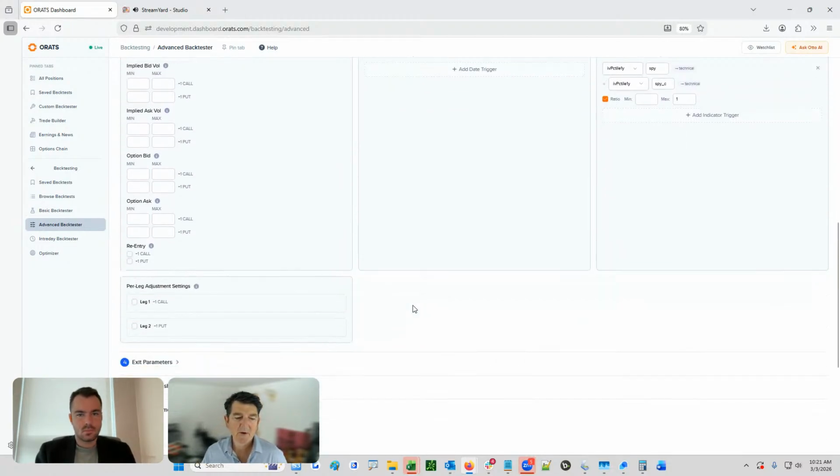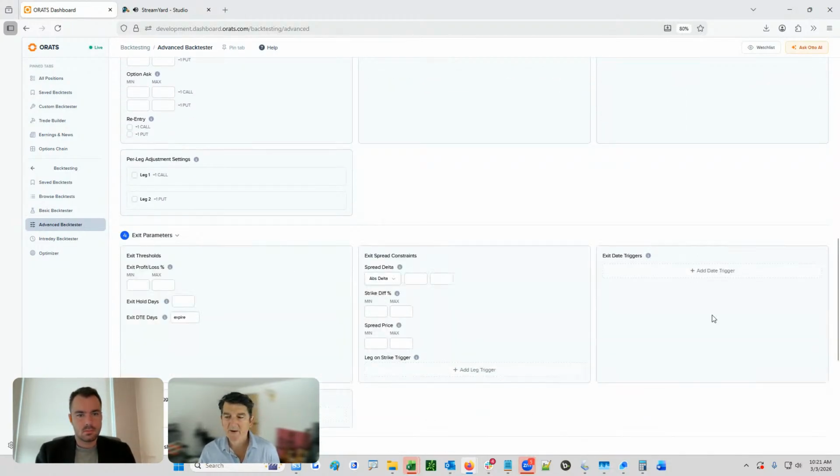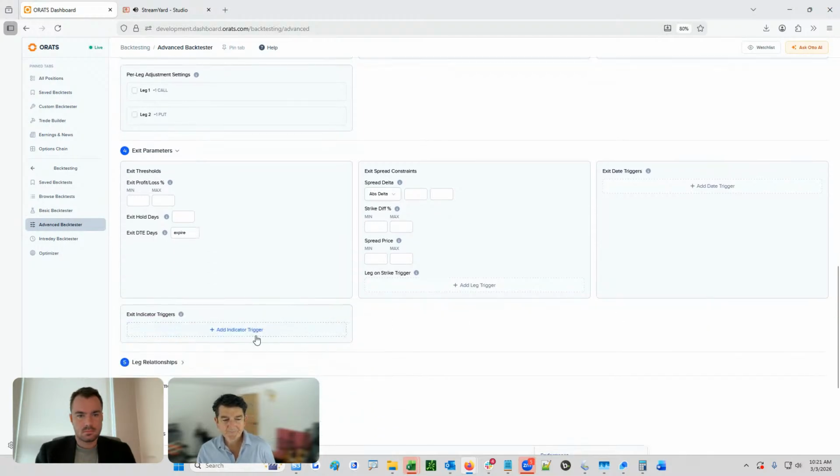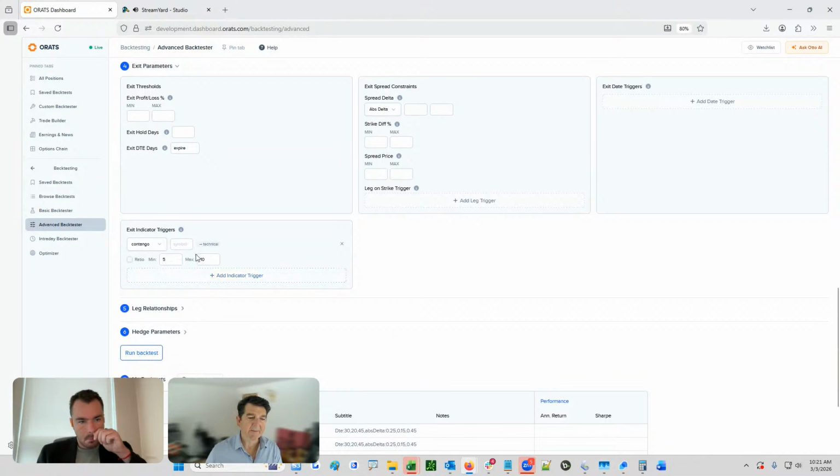And then another thing we could do is set up exit parameters, because we're getting in, but would we get out when that flips? Like you could do profit and loss, but you could also do, well, if that flips, do you want to get out, right?